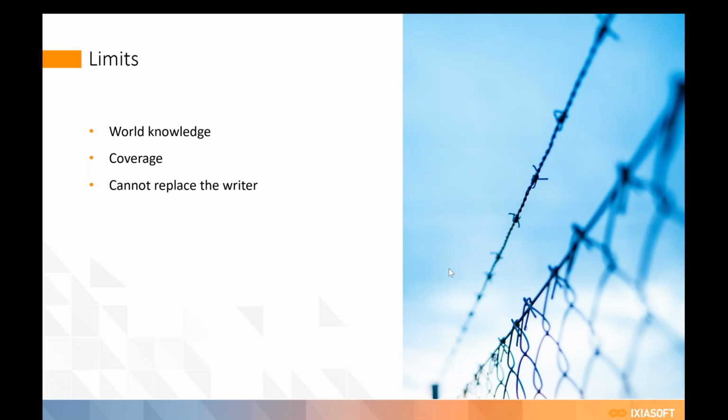Then there's another limit, that is coverage. Of course, authoring assistant systems are quite powerful. You can have rule-based linguistic language checks. You can have automatic term variant recognition. You can have the recognition of very complex linguistic phenomena. For example, a sentence that is too complex can be identified based on the number of noun phrases.